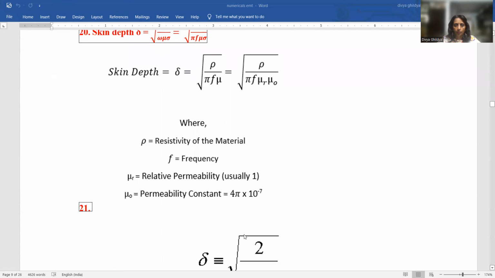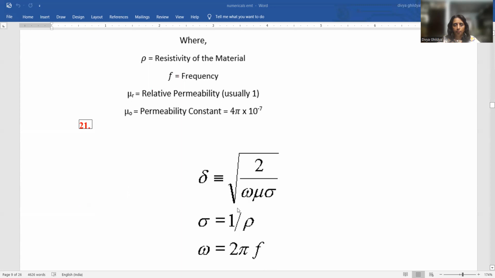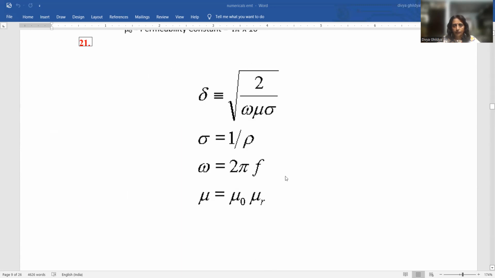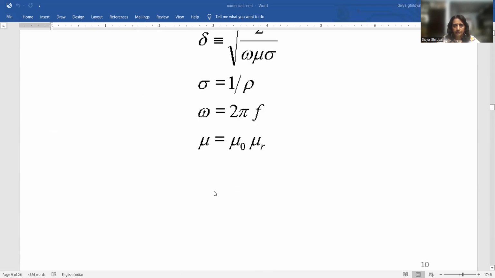The skin depth formula can also be written with rho as resistivity of the material, f your linear frequency, mu r relative permeability, which is usually 1, mu naught permeability constant, which is equal to 4 pi into 10 to the power of minus 7. Another formula for skin depth is this.